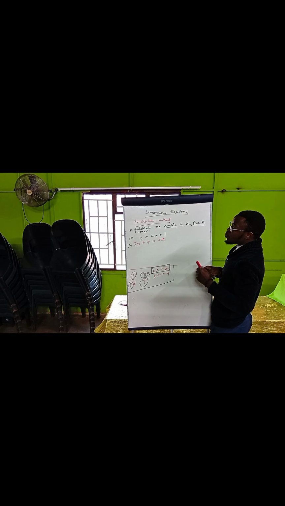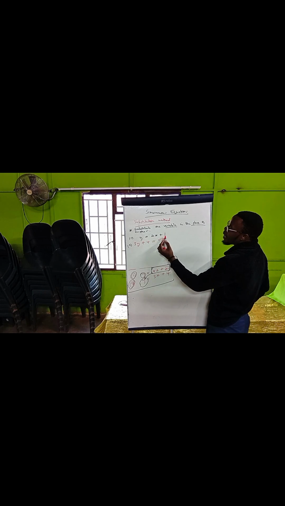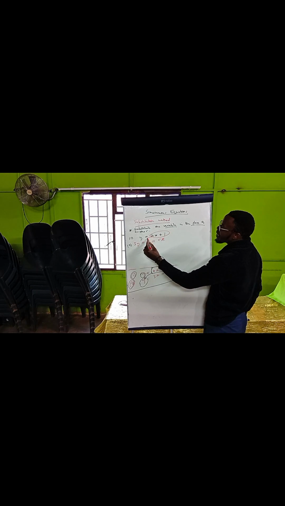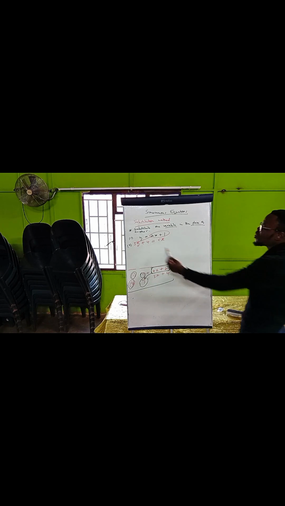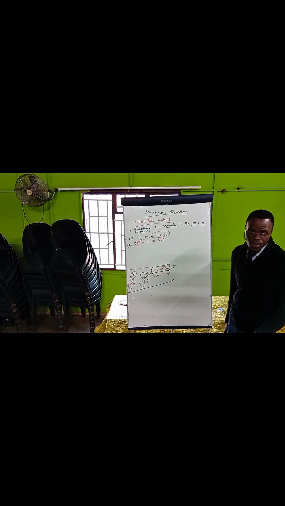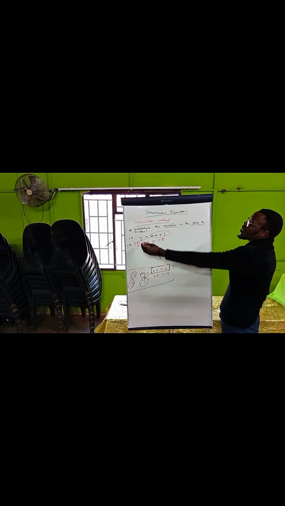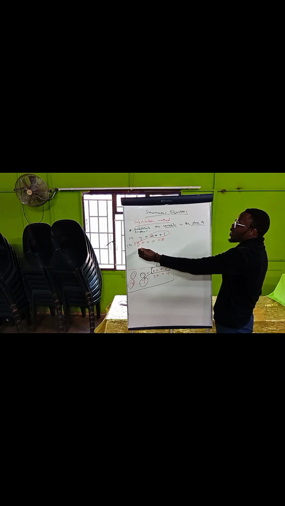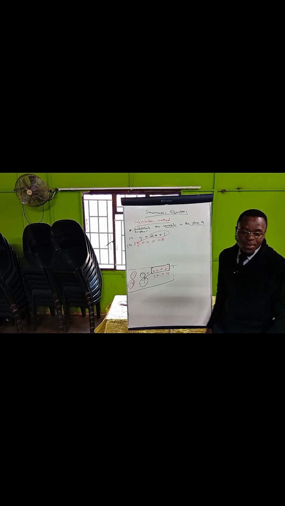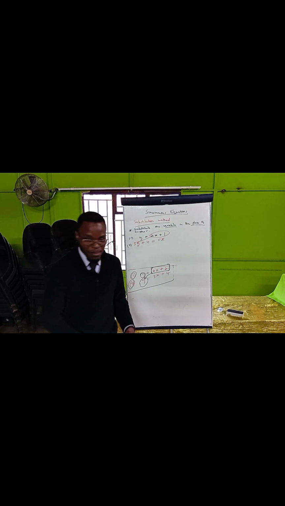y is equal to 2x plus 1. Where y is in the second equation, I'm going to put 2x plus 1. This is mathematically correct, because when you say y is equal to 2x plus 1, y is 2x plus 1. That's what it means.